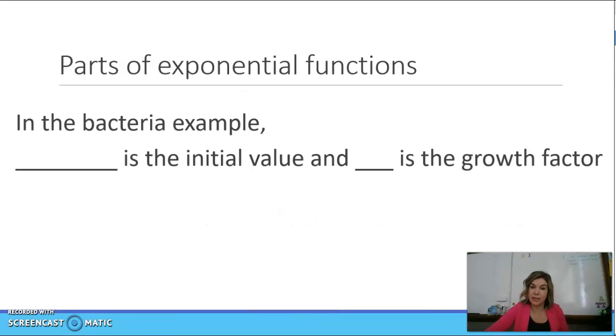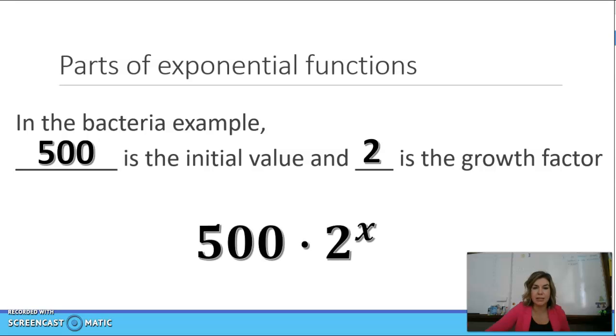In our bacteria example, 500 was the initial value, and 2 is the growth factor. That means that our equation to represent this would be 500 times 2 to the power of x. So this could be something you would write on the bottom of the first page under number 3.